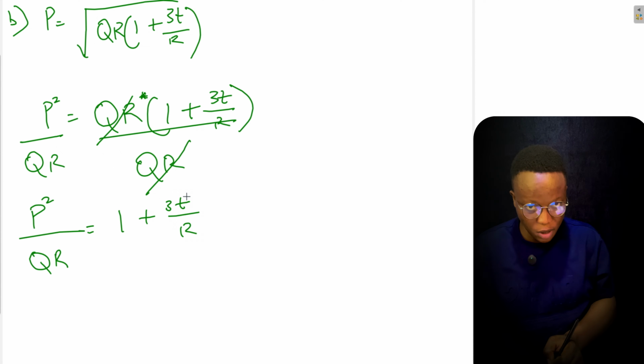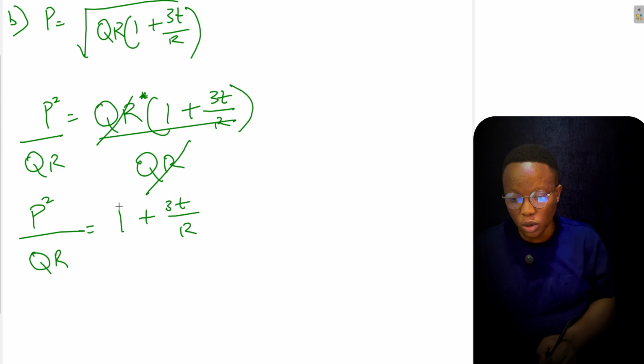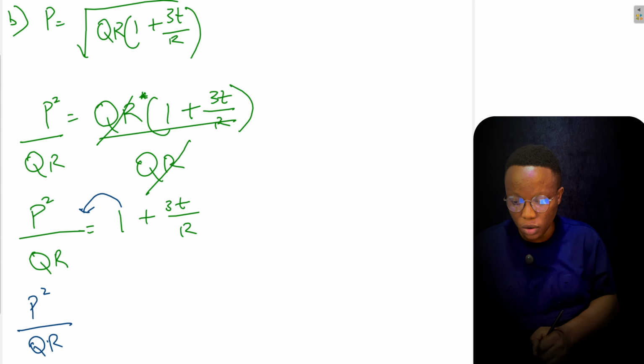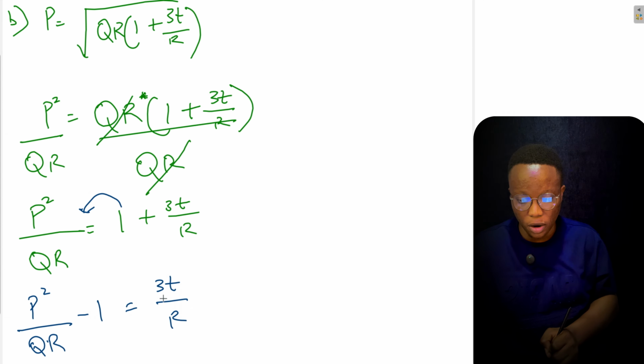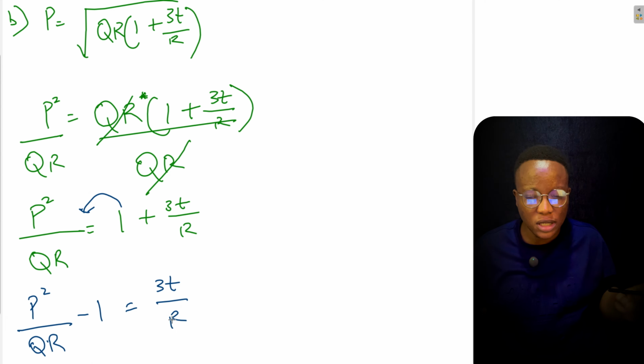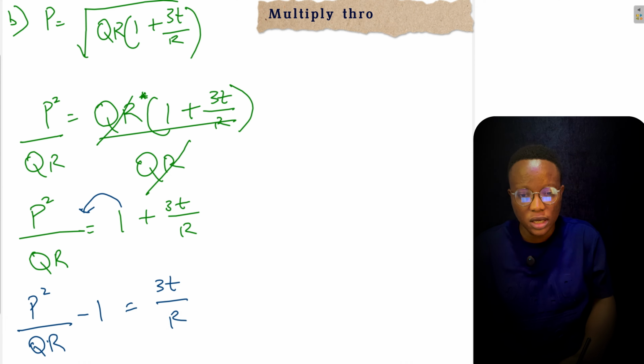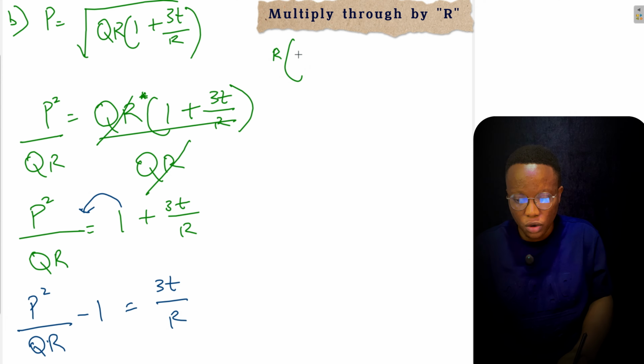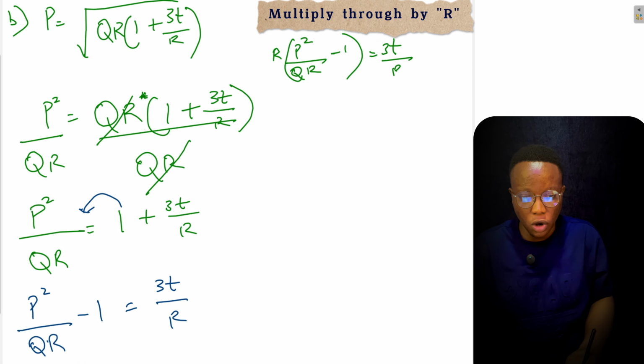So what do we do next? Remember, we are trying to isolate t. So we're bringing 1 to the other end. This will give us p squared all over qr minus 1 is equal to 3t all over r. We want to cancel out r here, so the best way to go about it is just to multiply through by r. What we're saying here is that r into p squared all over qr minus 1 is equal to 3t all over r multiplied by r also.